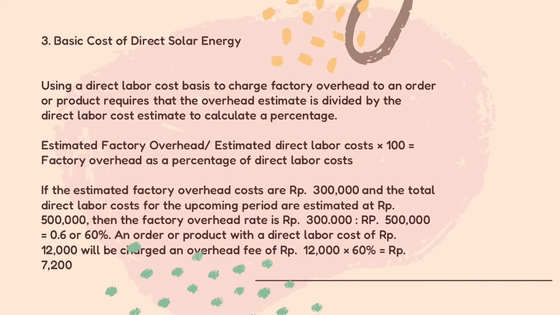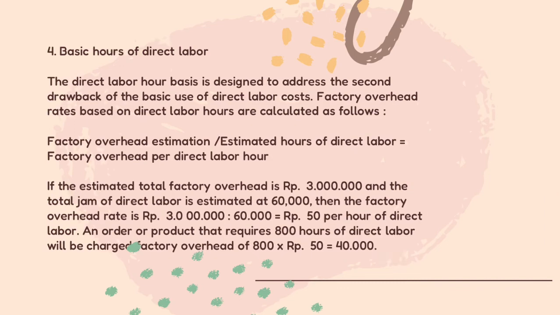An order or product with a direct labor cost of 20,000 rupiah will be charged an overhead fee of 20,000 rupiah times 60% equal 7,200 rupiah. And the last material will be presented by myself.